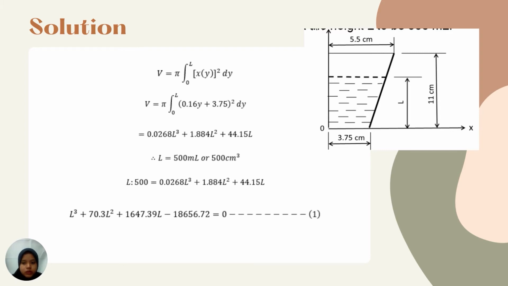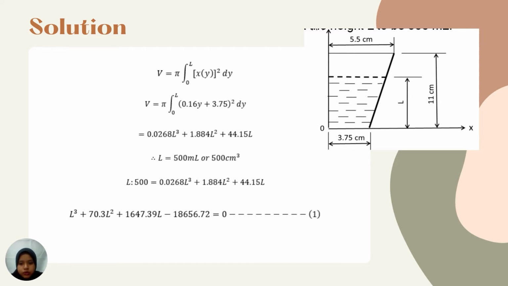So we will use this equation to determine the volume of the content of the measuring cup with a content level L by the following equation: V equals pi times the integral from 0 to L of x(y) squared dy.